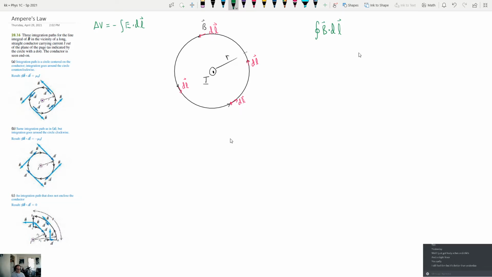Now, before we even do this, I kind of want to ask a question about voltage real quick and see if you remember, or you can figure this out. What would happen if I did a line integral of E dot dl with this left equation here? And to give you an example of what that might mean, let's say that I give you a circuit, and the circuit has a positive here and a negative here.